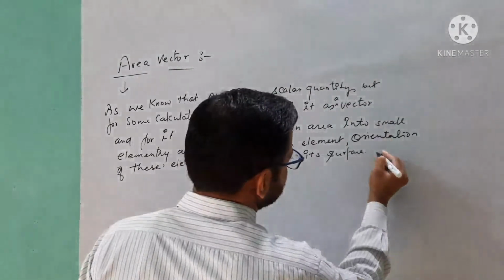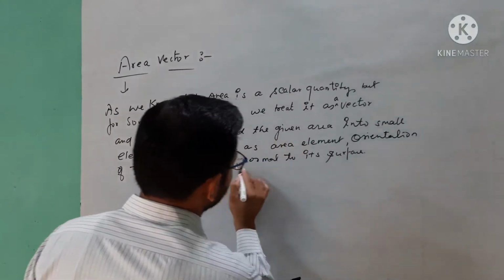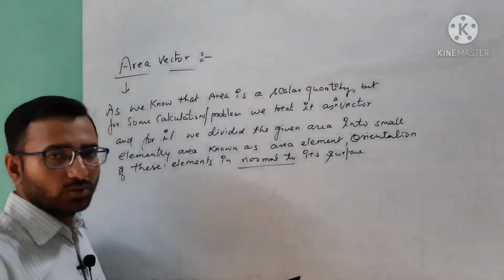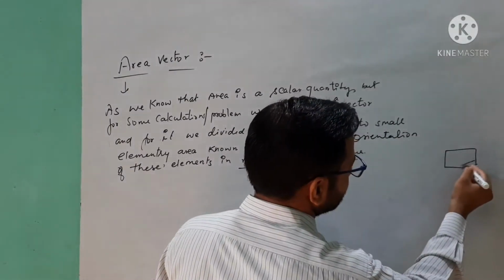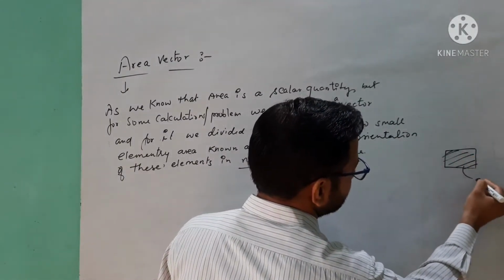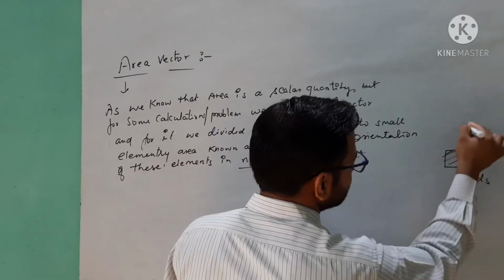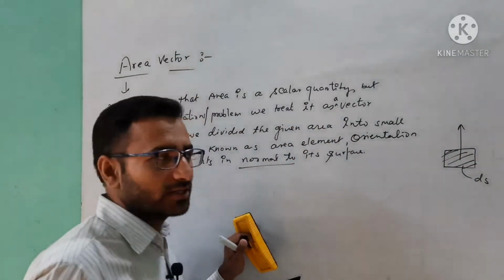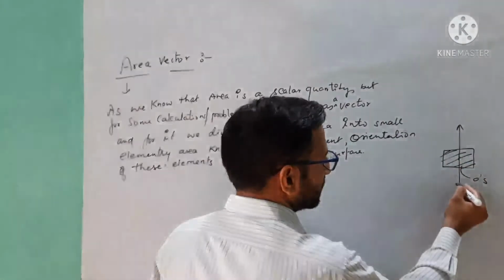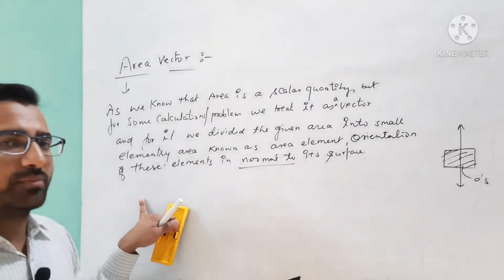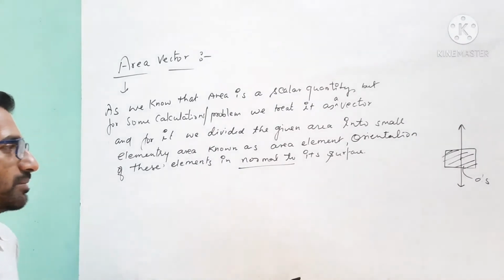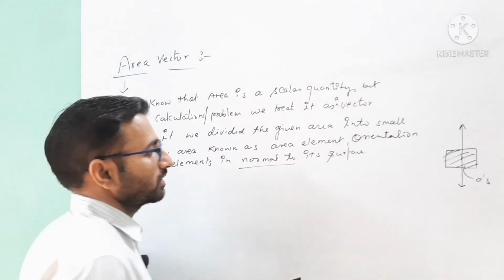So the direction or orientation is, as we know, the normal to the surface. We have two types of normal. Suppose here we have an elementary surface ds. The normal of this surface is either vertically in the upward direction or vertically in the downward direction. So the direction or orientation of these elements is in its normal.